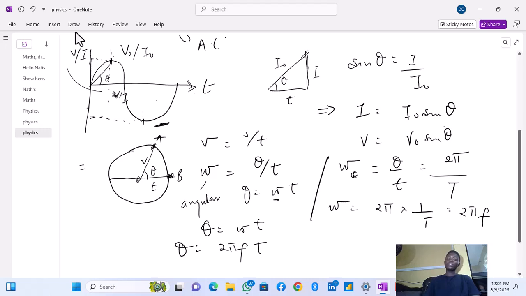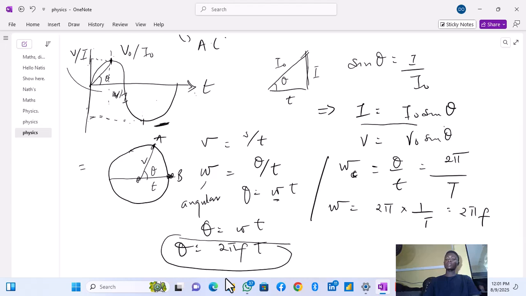Having gotten theta in terms of t, I can now put it into my equation that I equals I naught sine theta, because we said that we wanted to express I as a function of t. We already have theta as a function of t, so we just substitute.